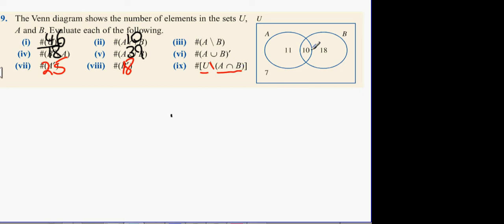Oh, it's 10. Everything in it, but not the 10. So don't include the 10 elements in A intersection B. So what's the answer then? 11, 18, 7. 7 plus 11 plus 18, which is?